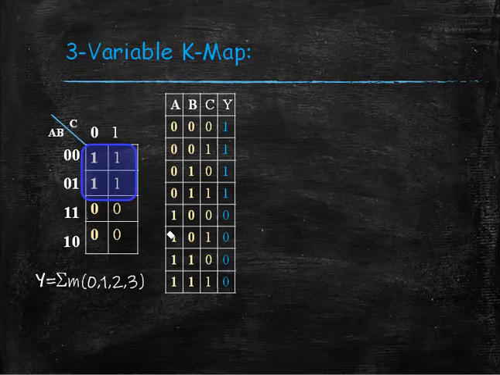When we get a quad, how many variables are reduced? 2 variables must be reduced. Here it is a 3 variable map. Then in the final expression, only one single variable must be there.